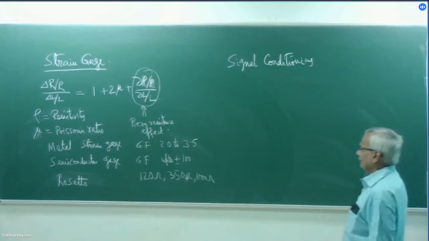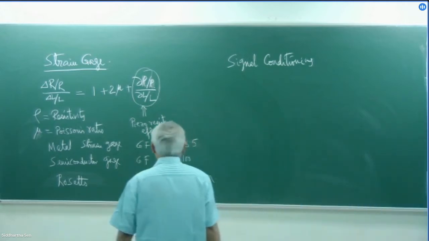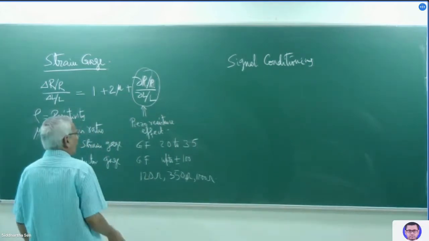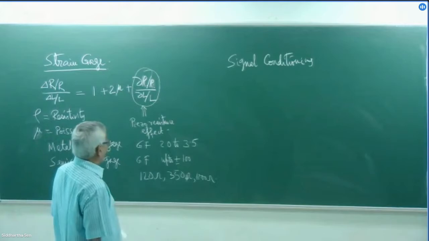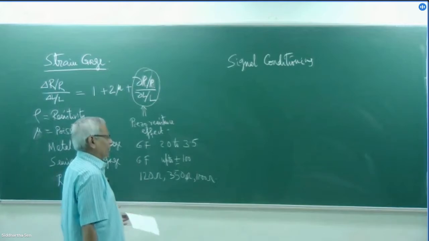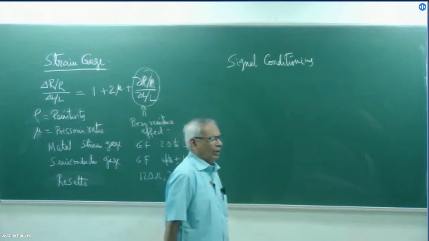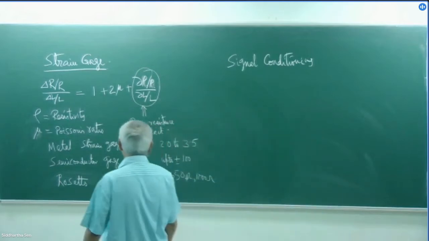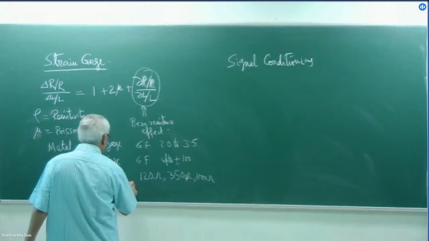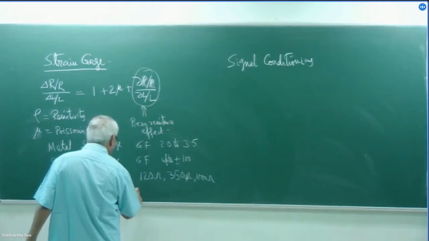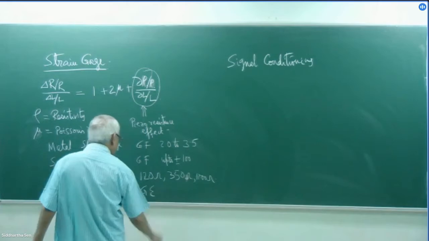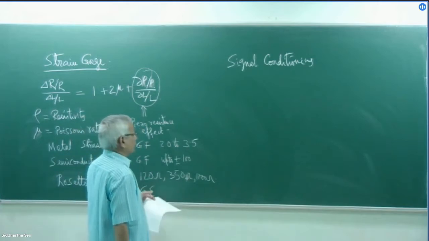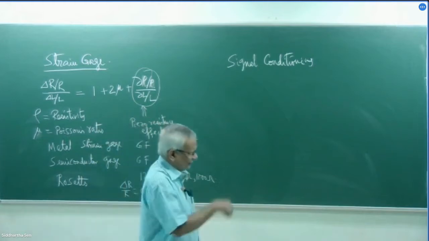Now the signal conditioning circuit. We have seen that with a gauge factor of 2, the normal strain experienced is a maximum of 10 to the power minus 3. So delta R by R is equal to G into epsilon, which is approximately 0.2% or 0.3% change in resistance.